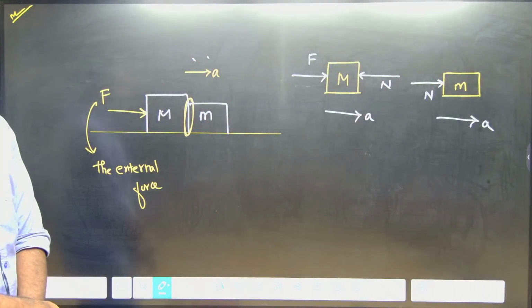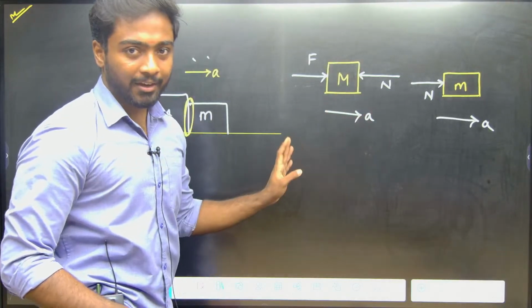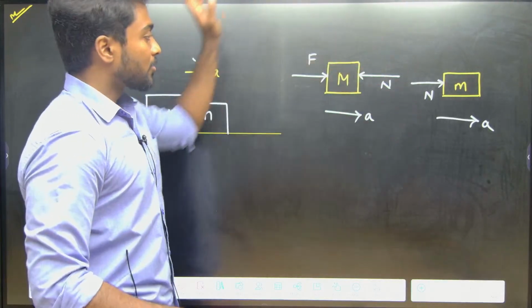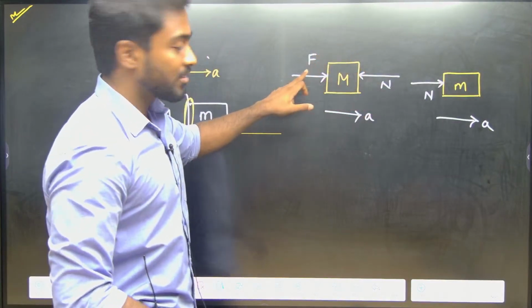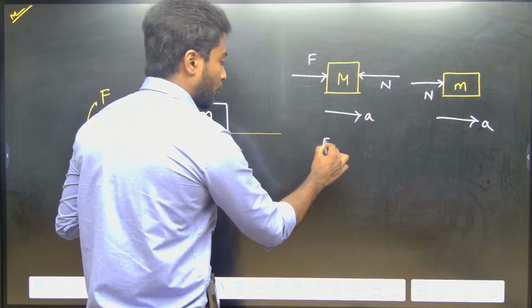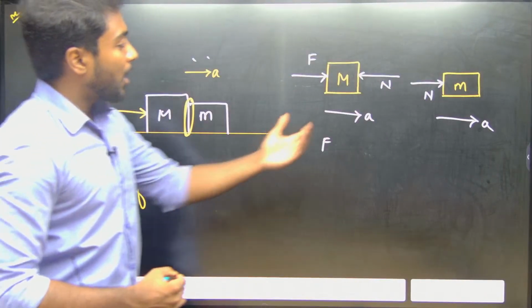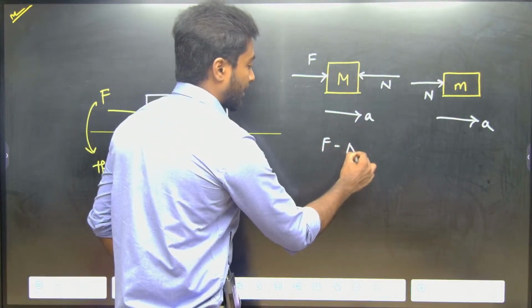Now if I want to write the equation, I need to find which direction the acceleration is going. Okay, right direction. In that direction, any forces acting for the block capital M? Yes, only one force, that is the external force. Write that force first. In the opposite direction of the acceleration, whatever forces are there, you should take as negative.